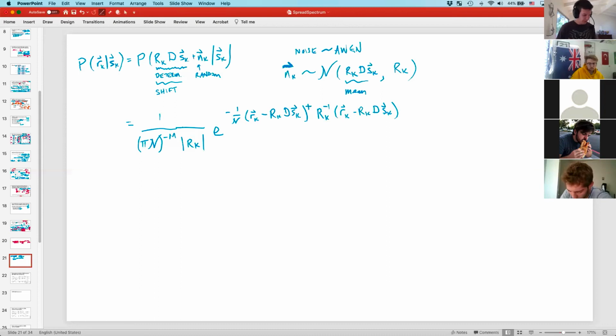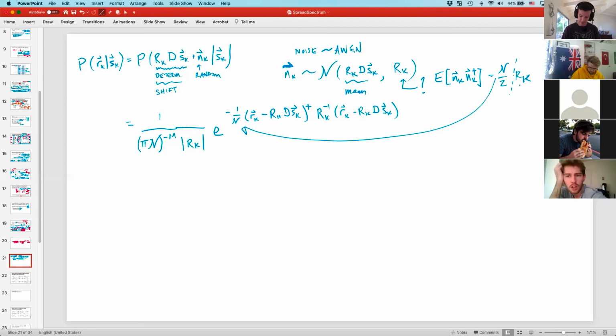So you're wondering, where did we get the covariance matrix from? Well, remember that we just said that the expectation of n_k, the outer product, if you like, of n_k with n_k is N over 2 R_k. And so all I've done is I've separated out the N, and it goes over there, and then the R_k goes here.